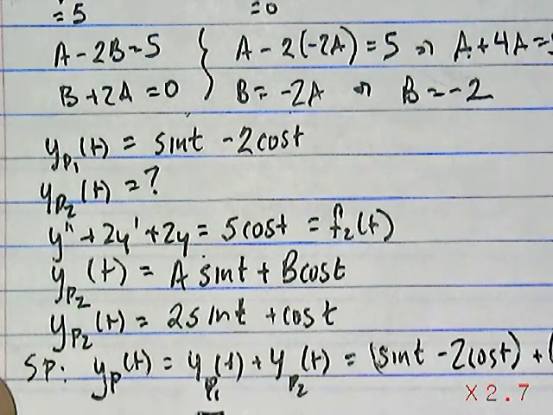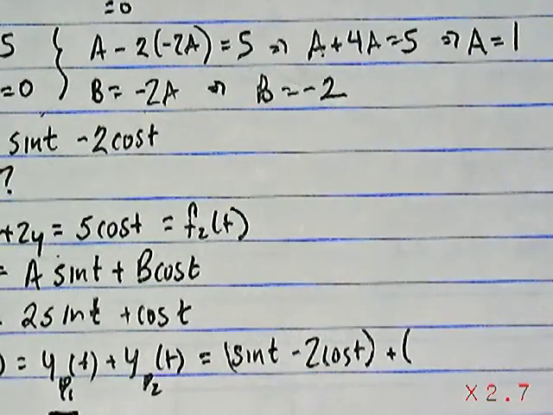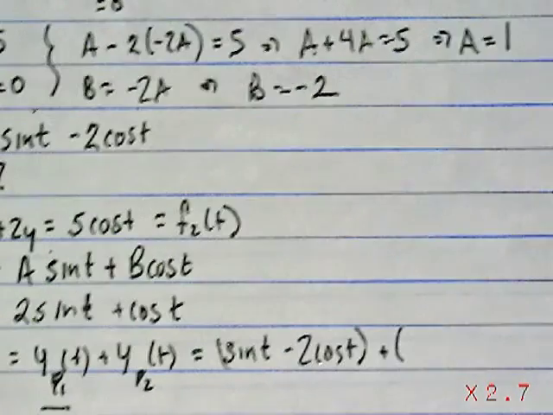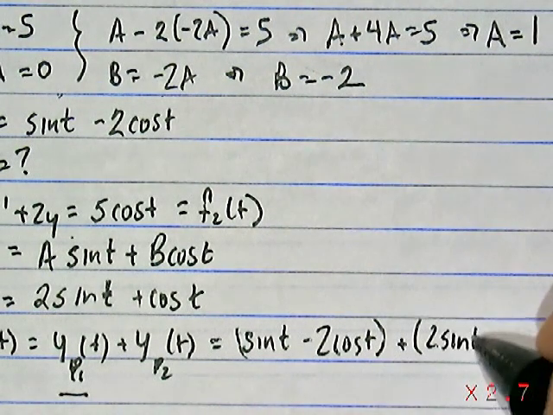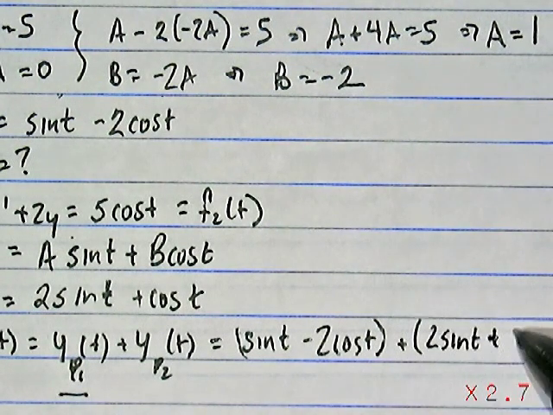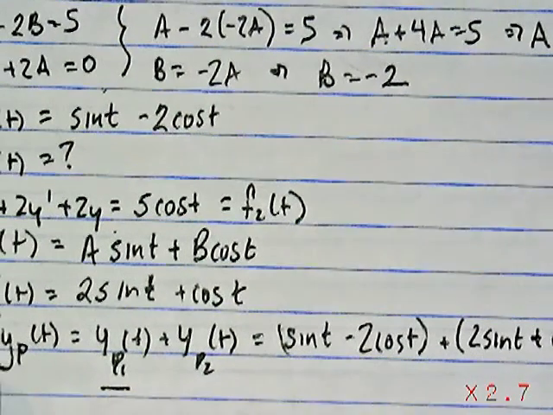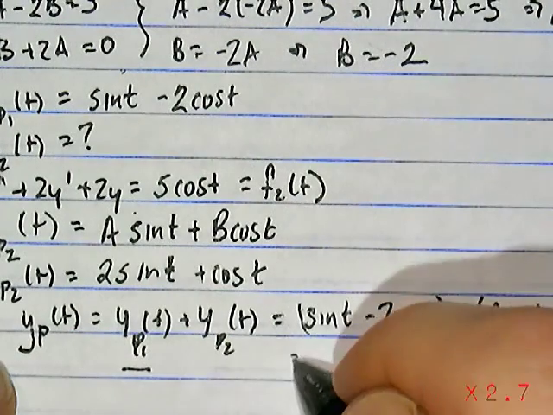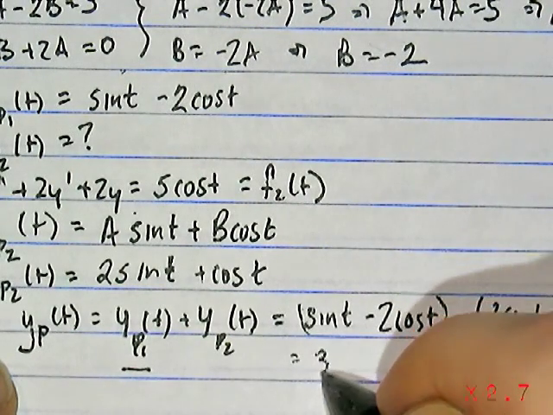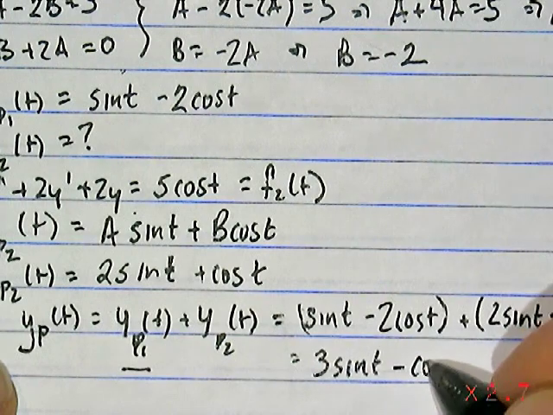And we're going to add to that what I just gave you, that the second particular component as a solution would be 2 sine t plus cosine t. Now, just adding those two terms up, you can see what's going to happen. You're going to get 3 sine t minus cosine t.